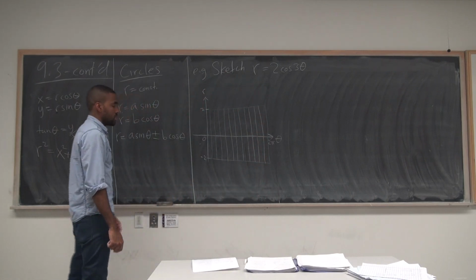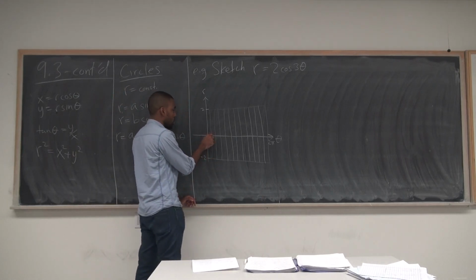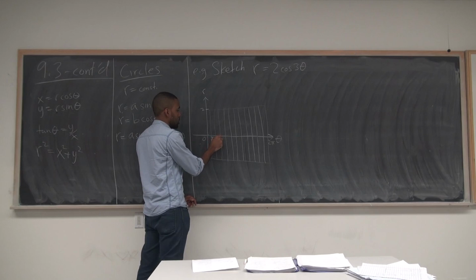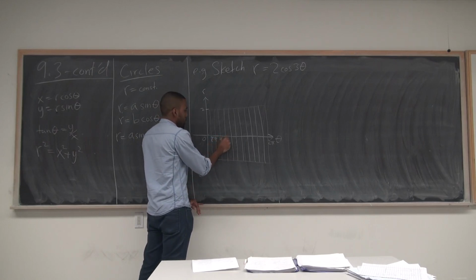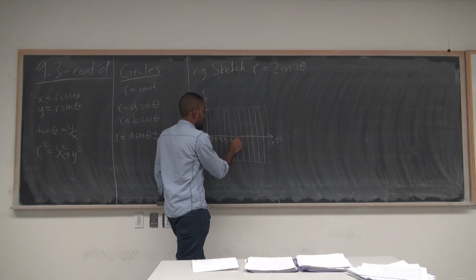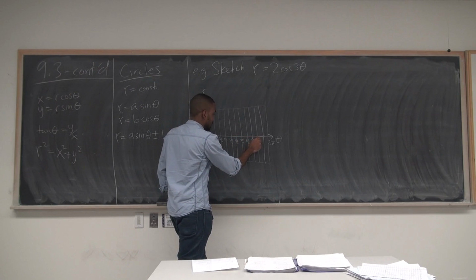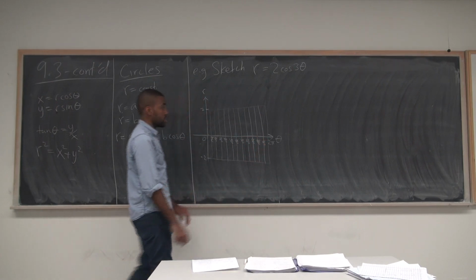So in other words, I divided 2 pi into 12 sections, which means the length of each section would be what? Pi over 6, and this would be 2 pi over 6, 3 pi over 6, which is pi over 2, 4 pi over 6, 5 pi over 6, 6 pi over 6, which is just pi, 7 pi over 6, 8 pi over 6, 9 pi over 6, 10 pi over 6, 11 pi over 6, and 12 pi over 6 is 2 pi.